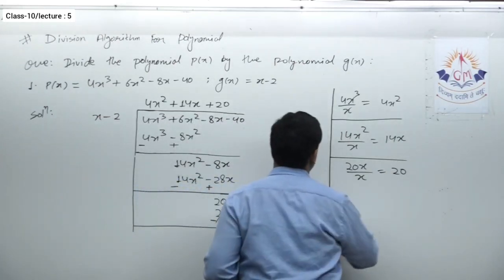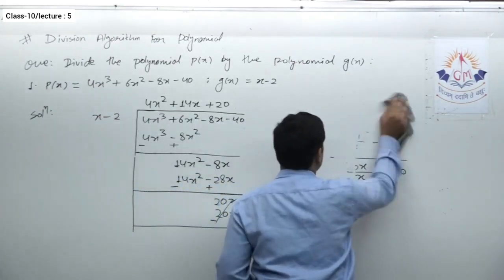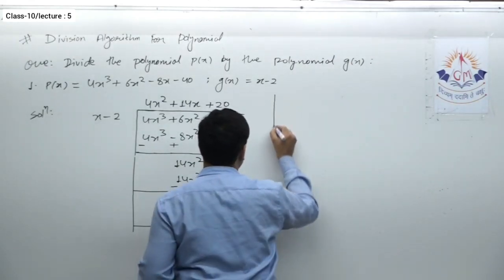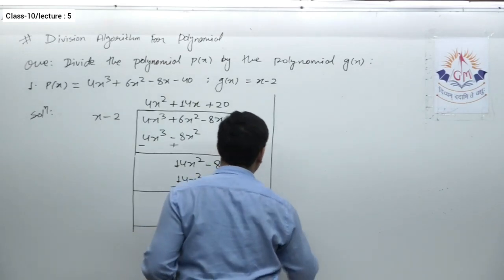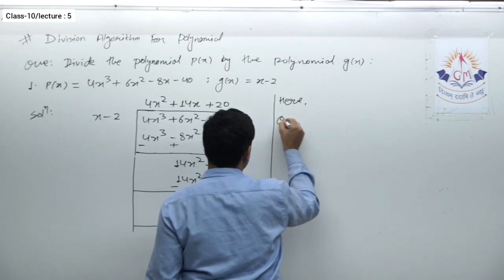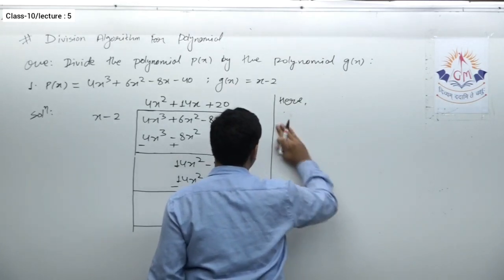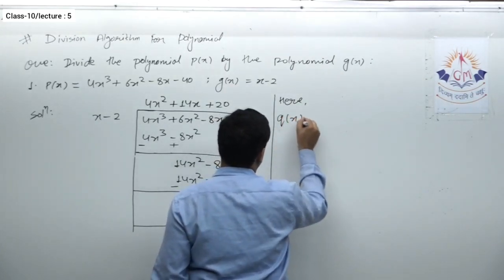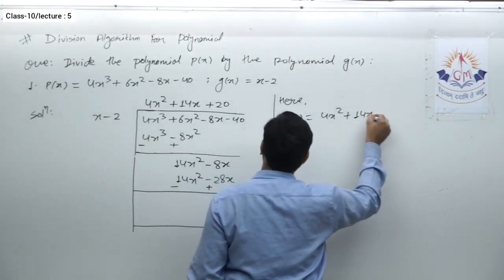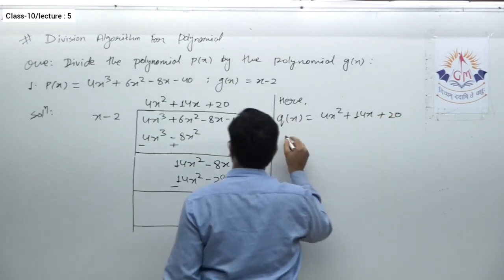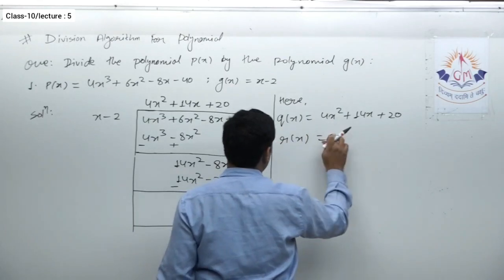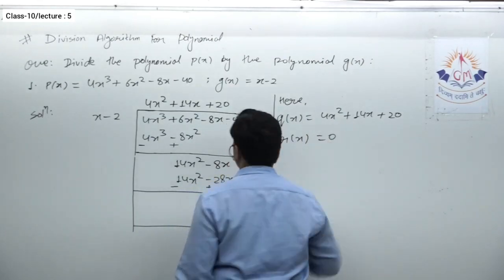So here I will conclude that whenever you get a question on the division algorithm, you can conclude with this: q(x), that is the quotient polynomial, is equal to 4x square plus 14x plus 20, and r(x), the remainder polynomial, is 0.